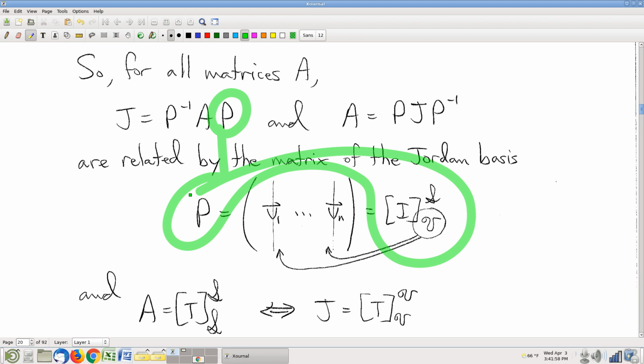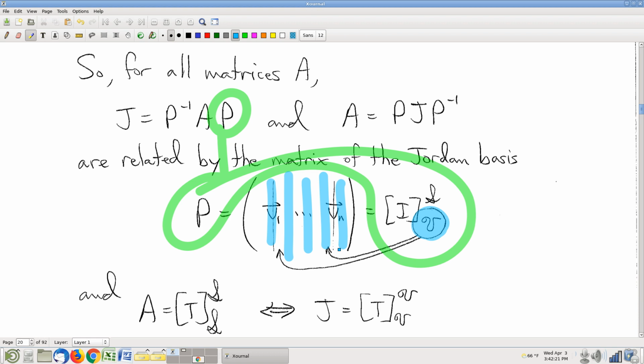A is in S language. J is in V language. So P is a change of basis matrix from V to S. Further, don't forget that for a change of basis matrix, the input basis is what the columns are.